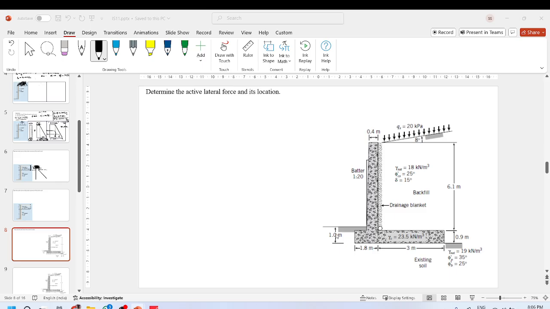we have to determine the active lateral force and its location. Basically, this is simply Coulomb's theory. There is a long formula that has been given for walls that have an inclined back and a rough surface, where the backfill has a surcharge and is inclined.